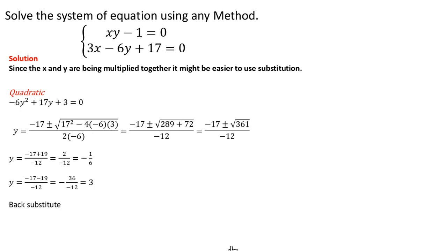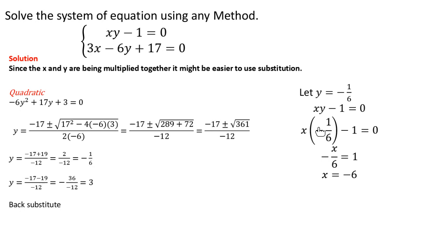So now we can back substitute. First, we'll work out when y is equal to negative 1 divided by 6. Anywhere I see a y, I'm going to replace it with this. So I get x times negative 1/6 minus 1 equals 0. There are different ways you can solve this.